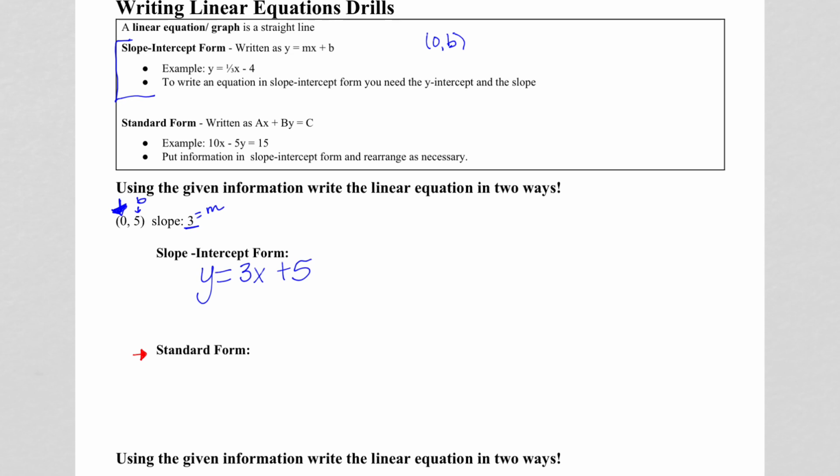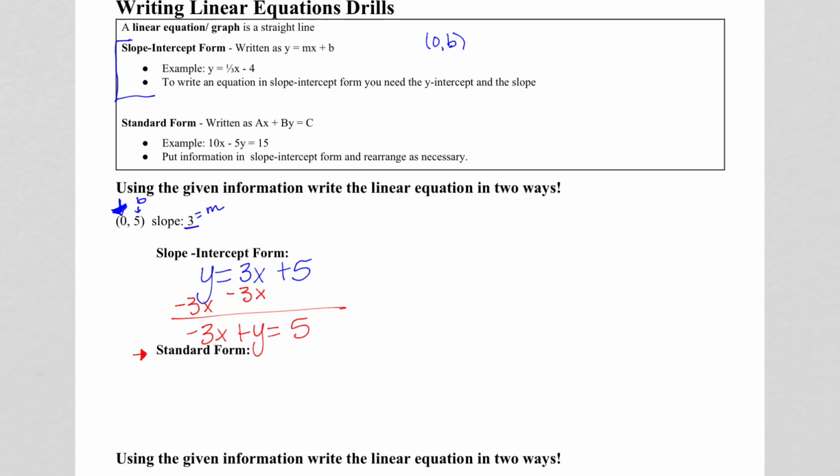To do this in standard form, what you would need to do is subtract 3x from both sides. So you'd have negative 3x plus y equals 5.